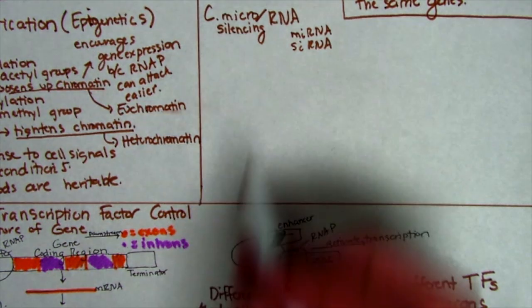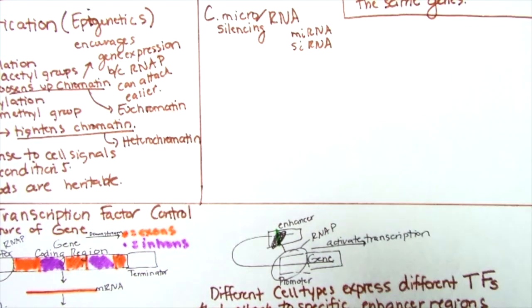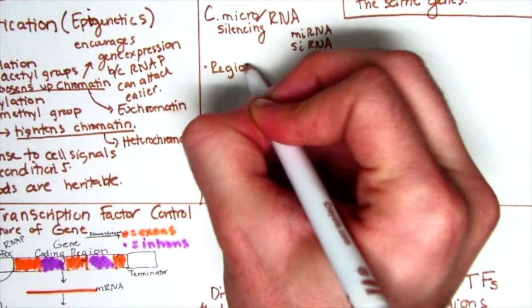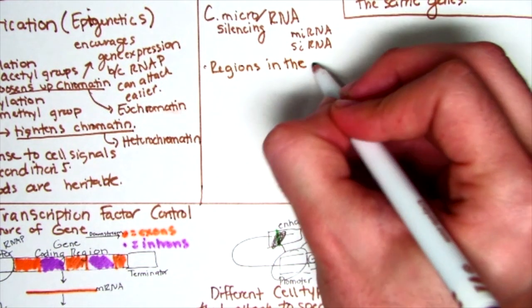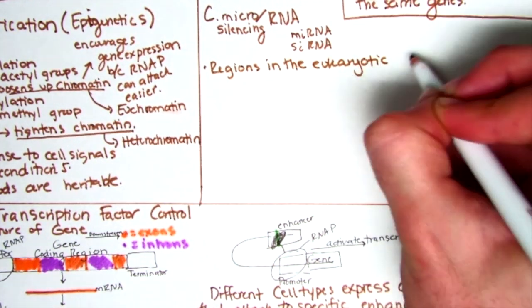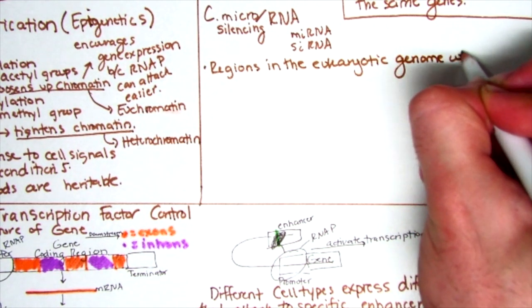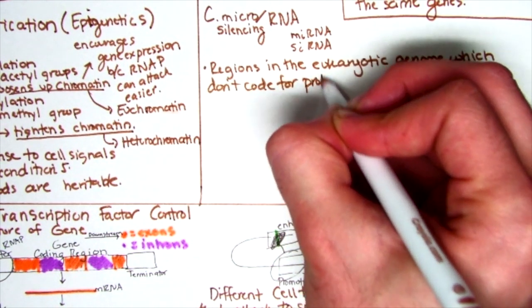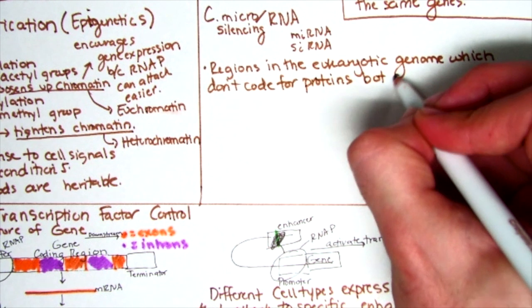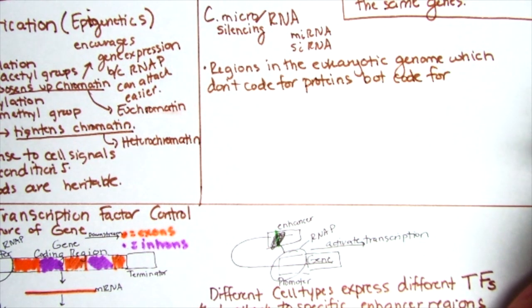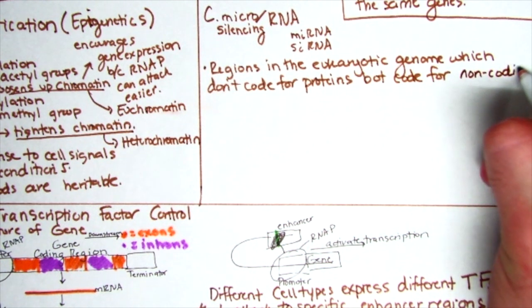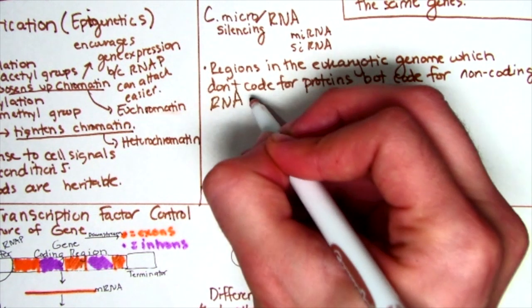So, kind of going back to what we were talking about earlier with introns, there are regions in the eukaryotic genome which don't code for proteins but code for what are known as non-coding RNAs or RNA molecules.